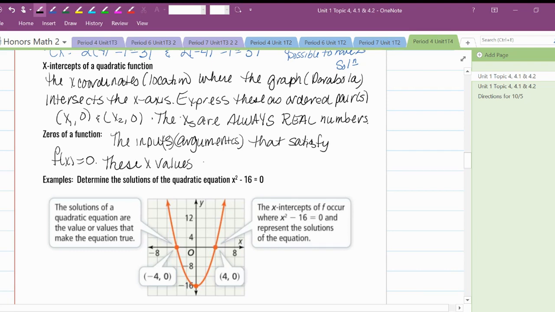These x values are not always real numbers.